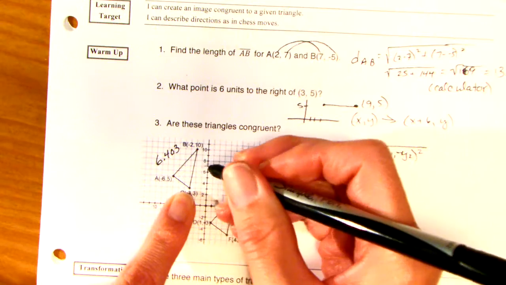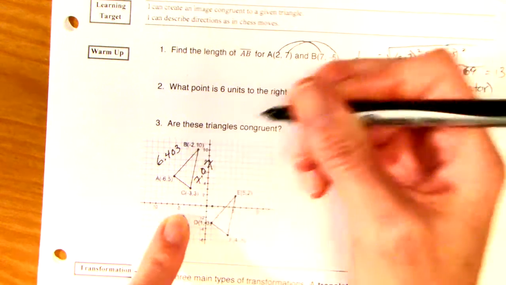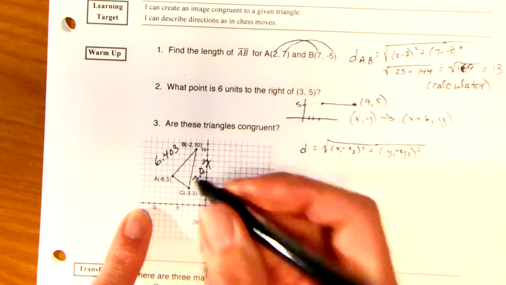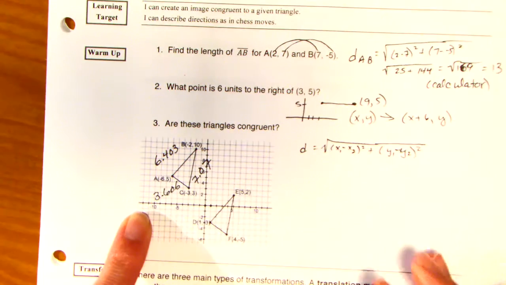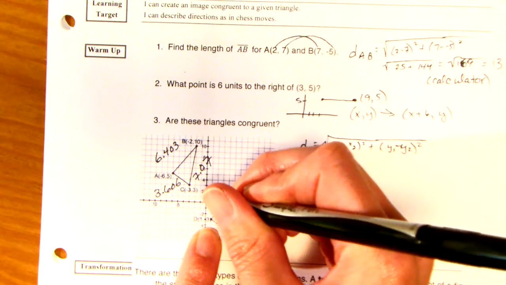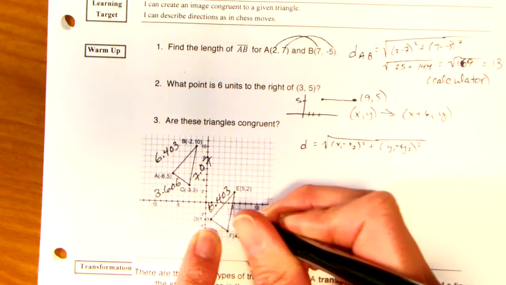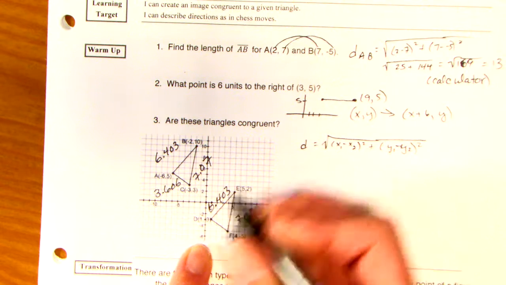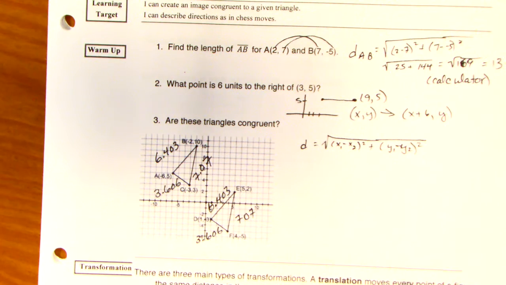This distance right here is 7.07. This short distance right here is 3.606. And again, I got that using the program. 6.403, 7.07, and 3.606. So these two are congruent by side, side, side.